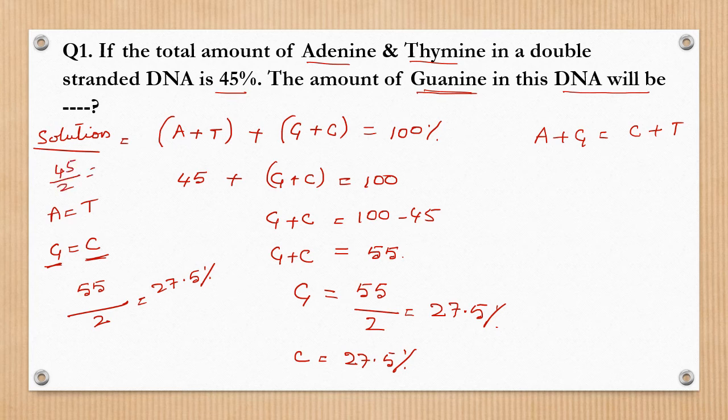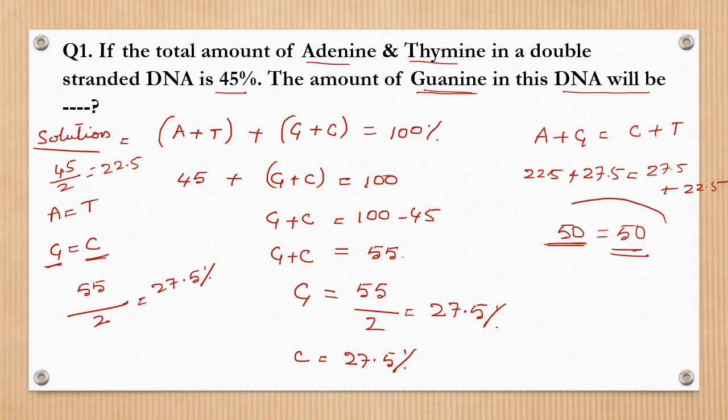That means how much? 22.5. So A is 22.5 plus G is 27.5 is equal to cytosine 27.5 plus thymine 22.5. So total it becomes 50 is equal to 50. Purines equal to pyrimidines.